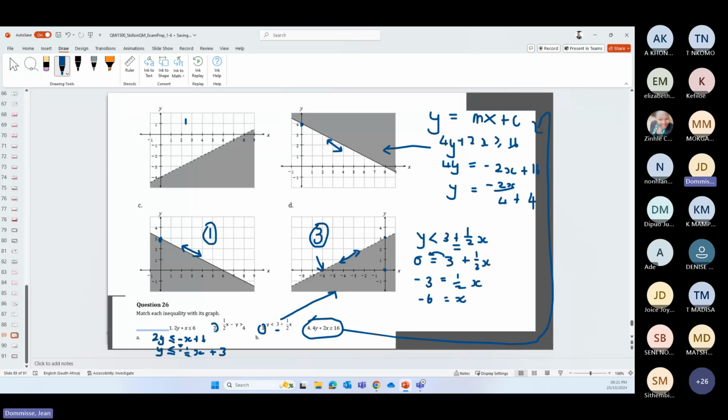So 2 will be that one. Okay, so that is if you need to identify the graph. So again, this takes a bit more time than the usual one to write out a formula or work out a slope.